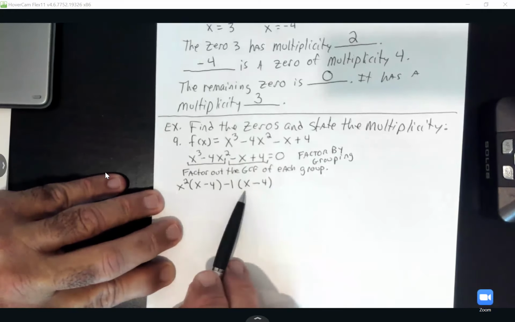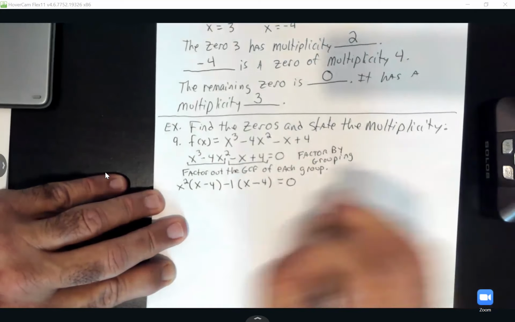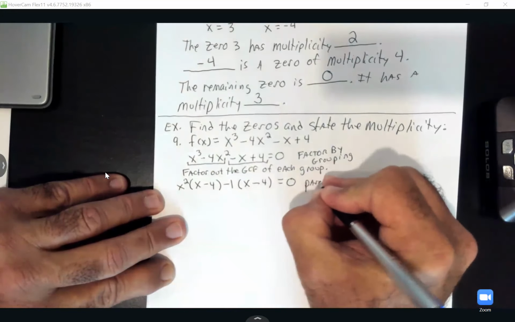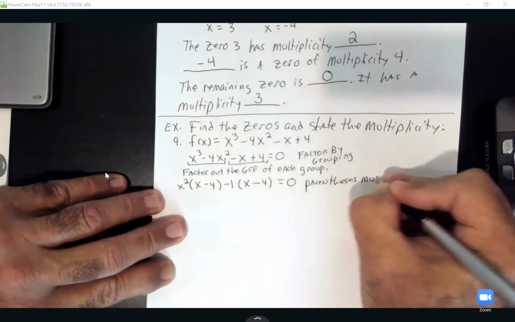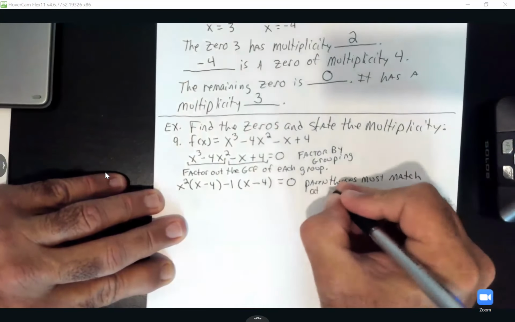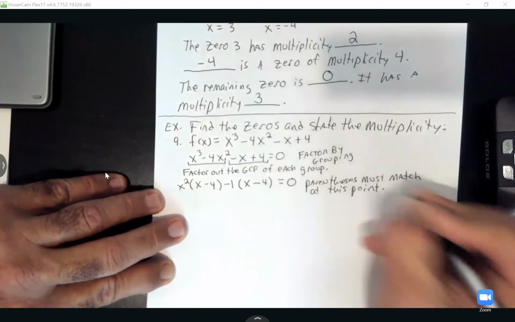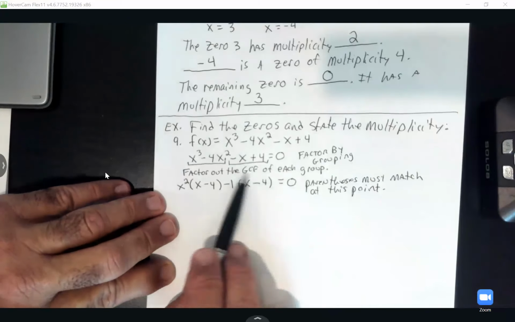So notice these. At this point, the parentheses must match up. And all this is still equal to 0. So the parentheses must match at this point. So here's where you got to watch what's happening.